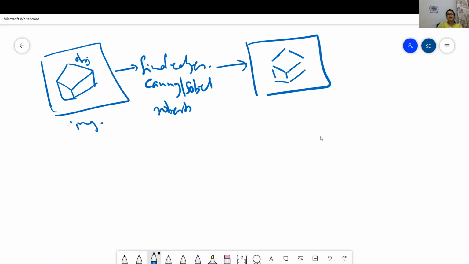Sometimes due to noise in the image, it may happen that you get the edges, but due to noise there may be some kind of breaks in the edges. In that case, you need to fill these particular edges. So you need to do edge linking.